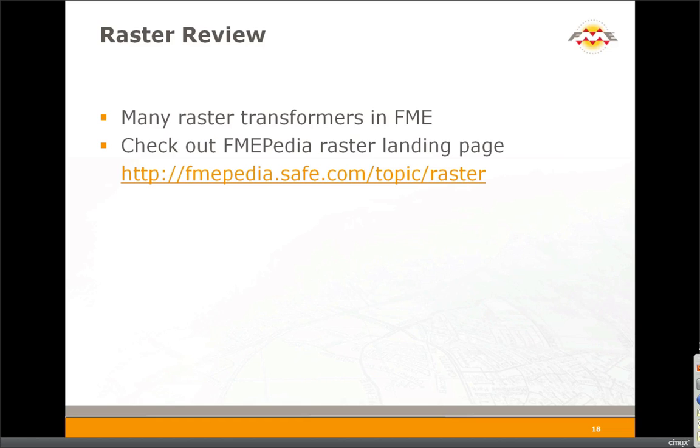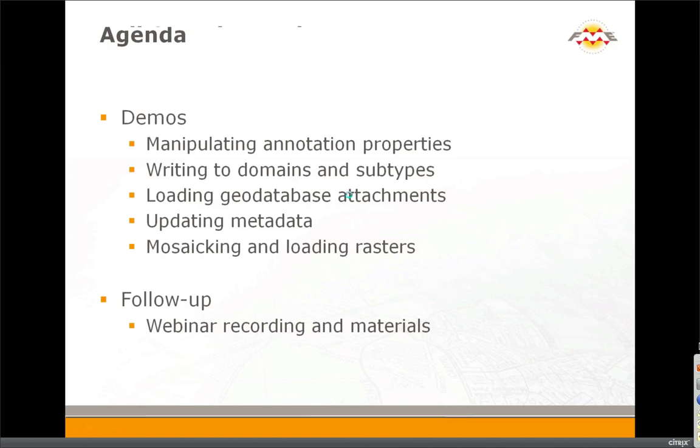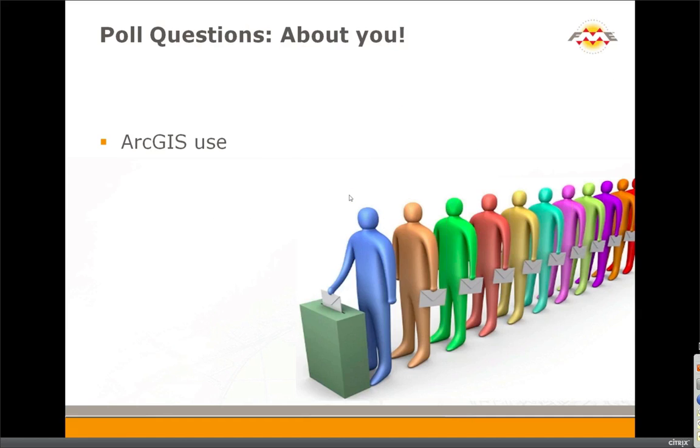There are a lot of things you can do with rasters in FME. If you look at the raster category in the transformer gallery there are lots and lots of raster transformers. We have an excellent FME PD at raster landing page as well. Whoops, that didn't work so well. Serves me right for trying to click on a link in my slide.